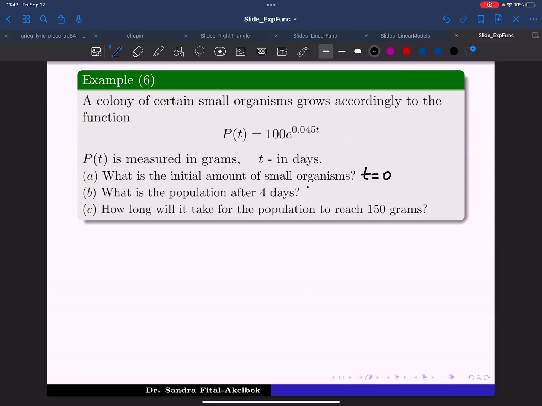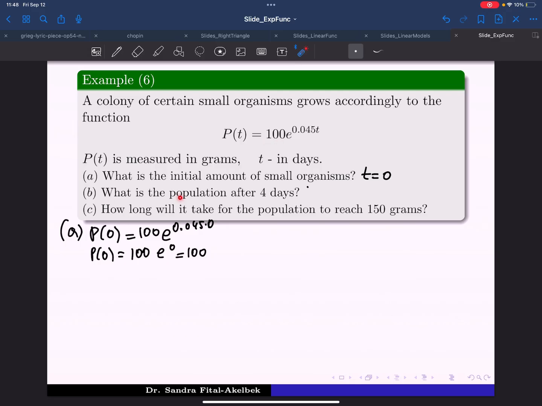So P at 0 would be 100 e to the 0.045 times 0. 0 times 0.045 is 0, e to the 0 is 1, so it's 100. So the initial amount is always this number standing here in front.